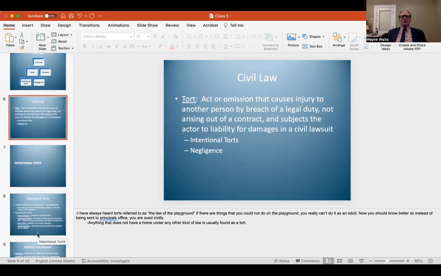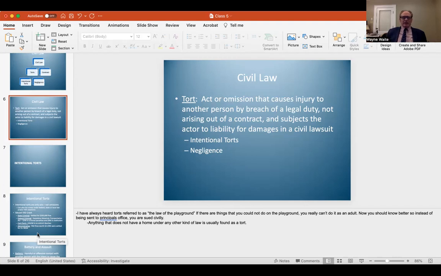What is a tort? Well, it's not something you eat for breakfast. It is an act or omission that causes injury to another person by breach of a legal duty, not arising out of a contract, and that subjects the actor to liability for civil damages in a civil lawsuit.